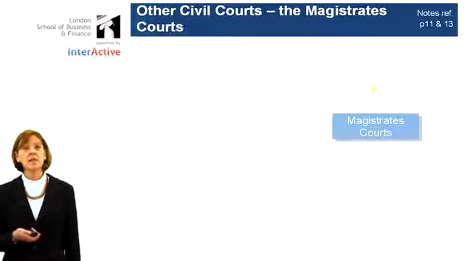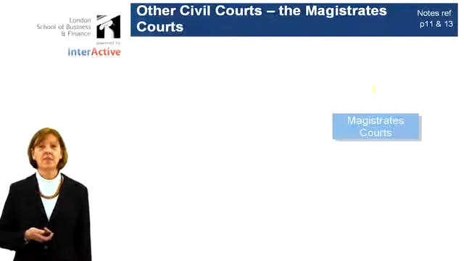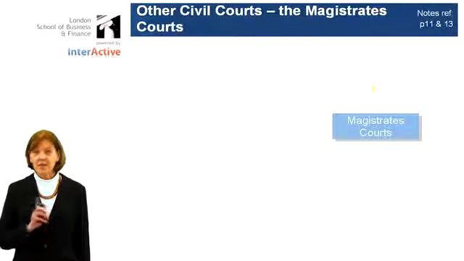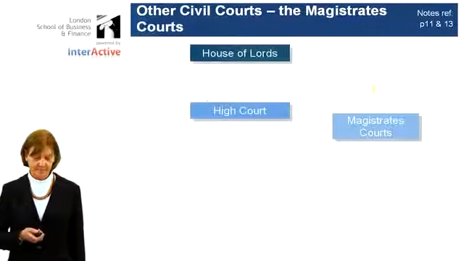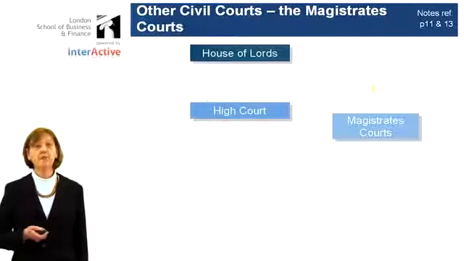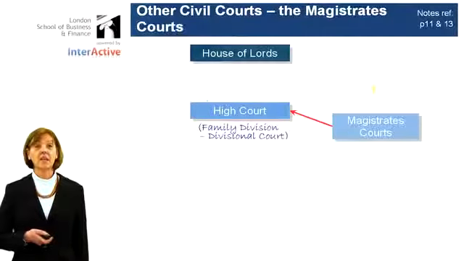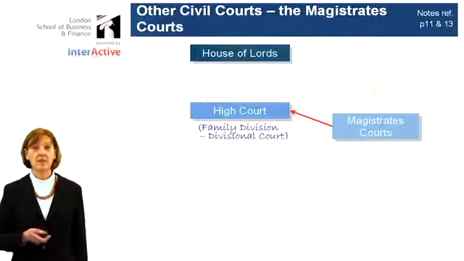Well, let's say that there's to be an appeal from the magistrates' court. This is where we get to a little bit of an oddity. In fact, the appeal lies to the High Court, more particularly the Family Division Divisional Court. So although we said earlier that the High Court is mainly first instance, here we've got a little appellate jurisdiction.